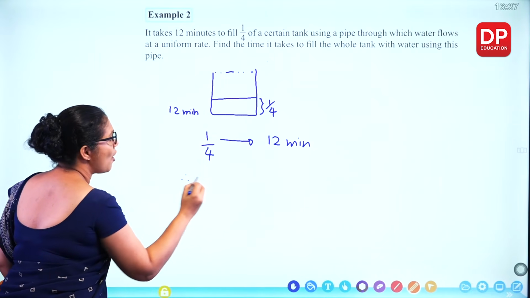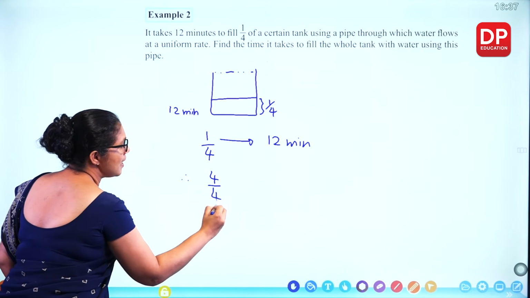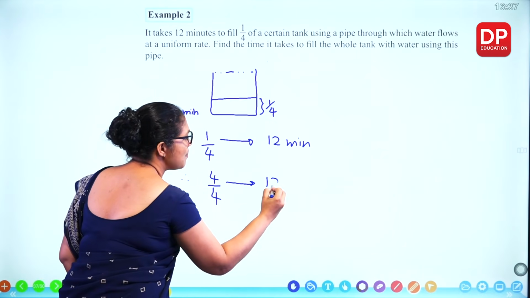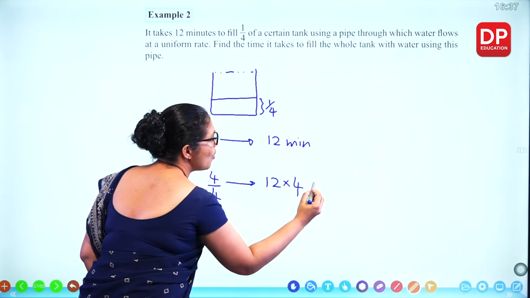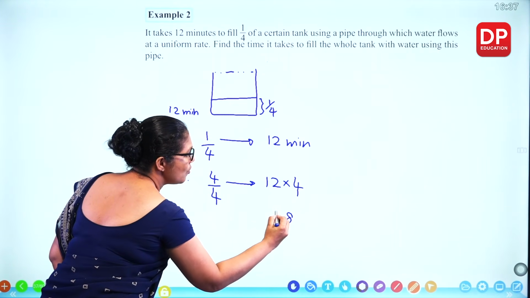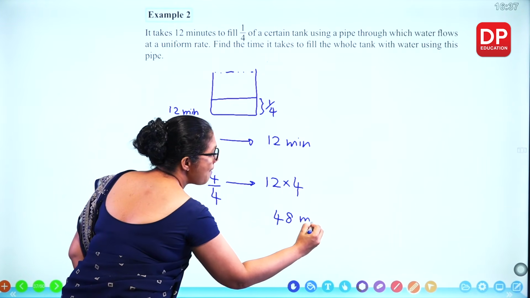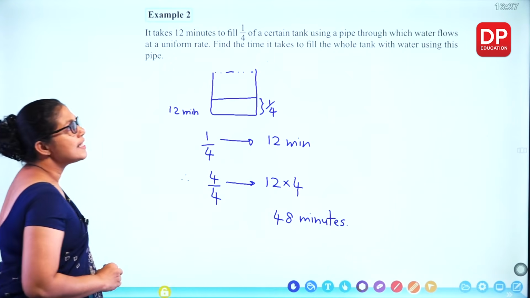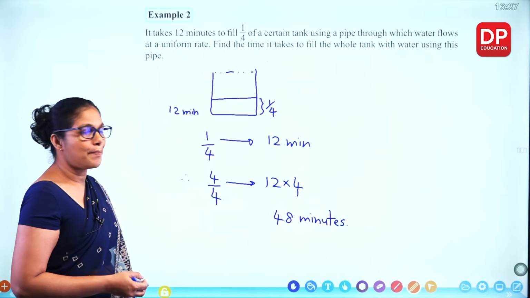Therefore, what about 4 parts, that means to fill the full tank? You multiply this by 4. So you get 48 minutes to fill the full tank when you use this pipe.